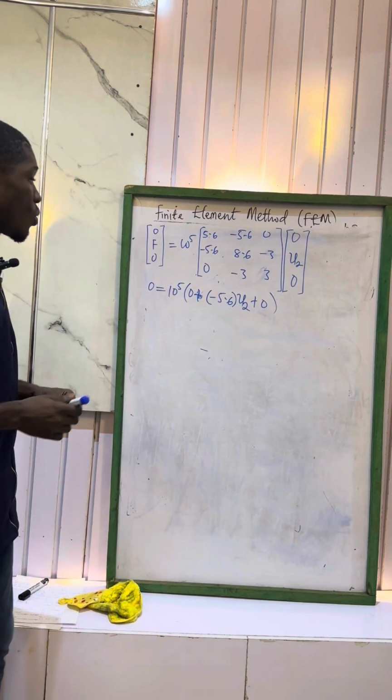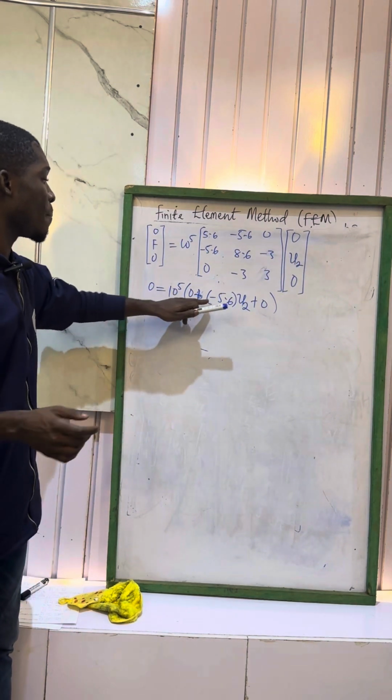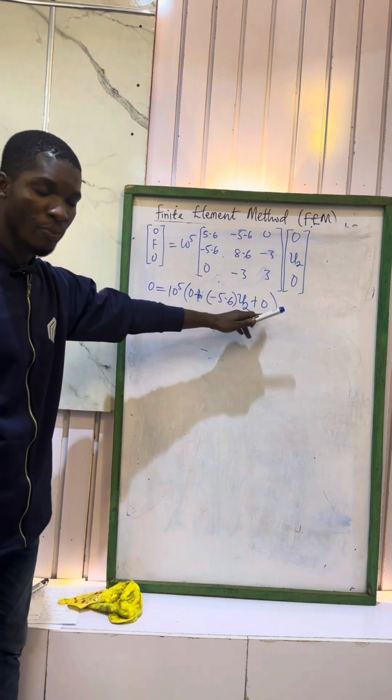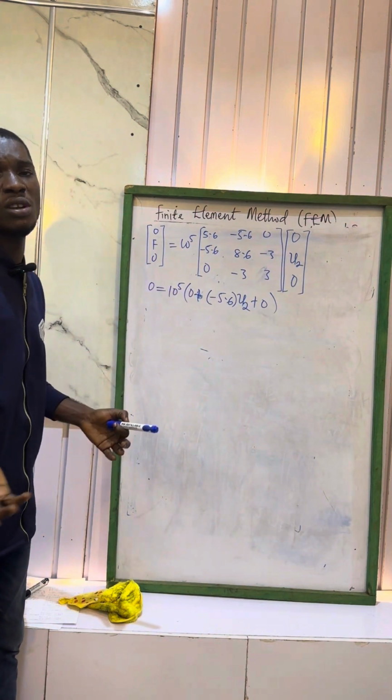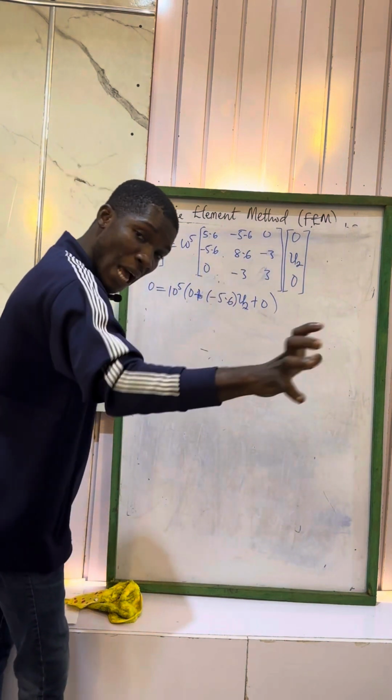When you resolve everything here, you still get minus 5.6 times 10 to the power 5 U2. We know that this U2 cannot be 0, because that would lead us to 0, but U2 can never be 0 because the force is being applied there.